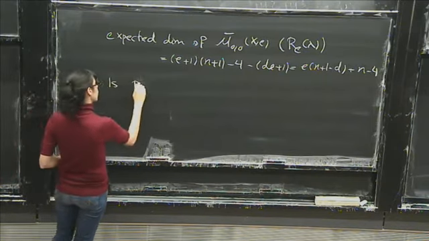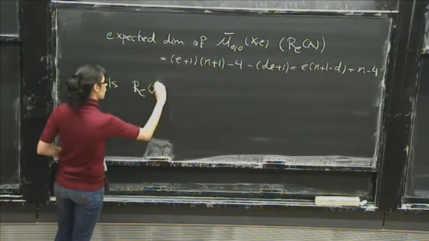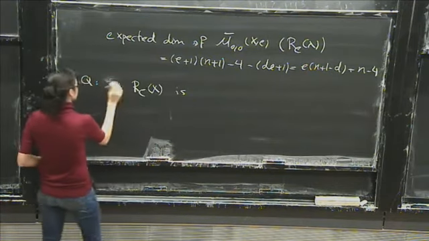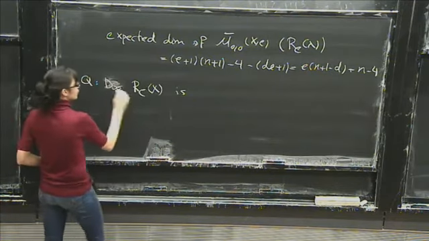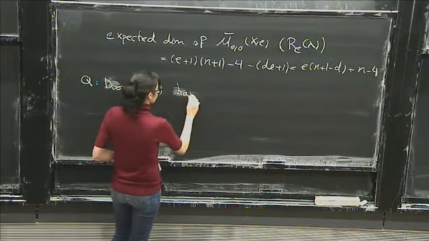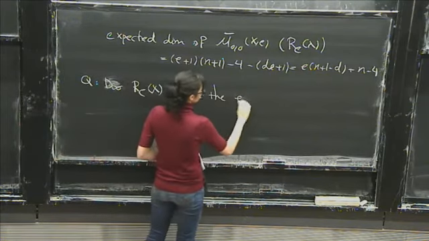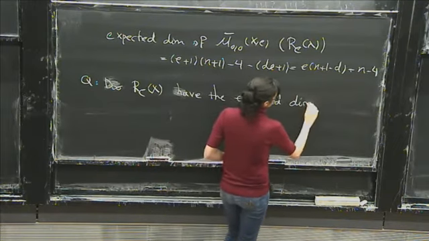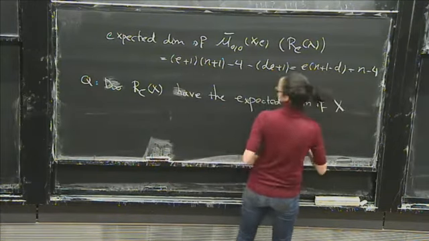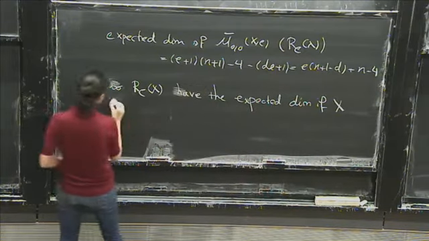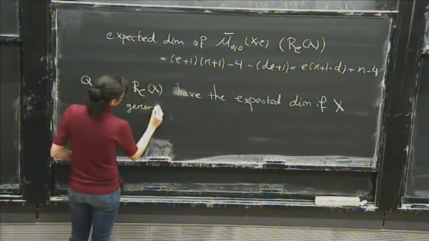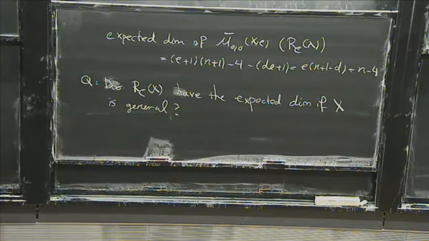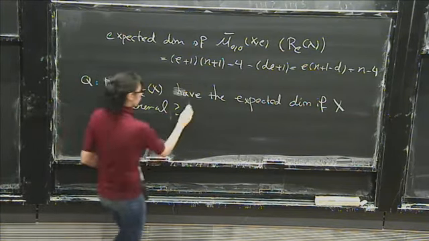Let me just look at the space of smooth rational curves. Does it have the expected dimension if X is general, and is it irreducible if the expected dimension is positive?